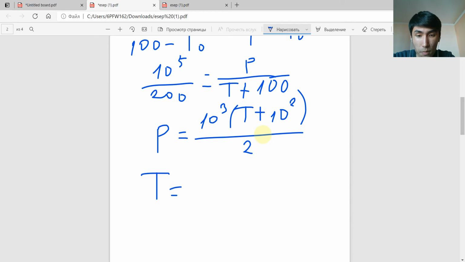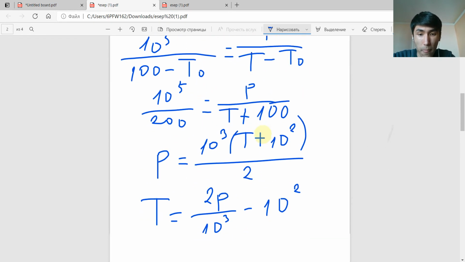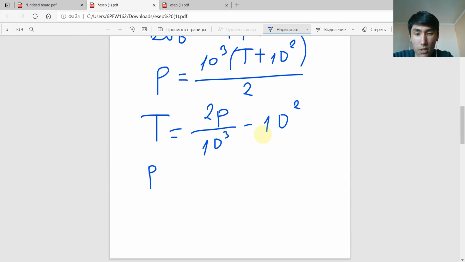So here T equals 2P divided by 10 to the power of 3 minus 10 to the power of 2. So we found the equation of temperature by P, and we can write it in the ideal gas law, nRT. So this equation we put it here.